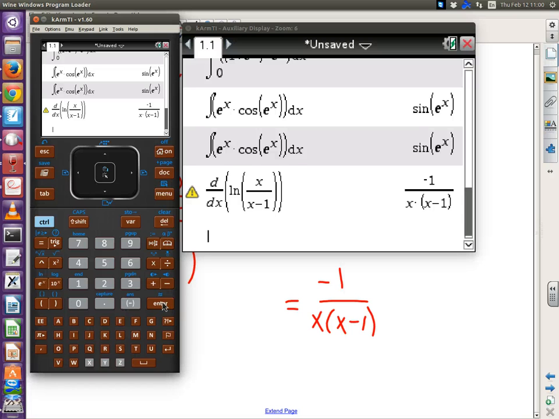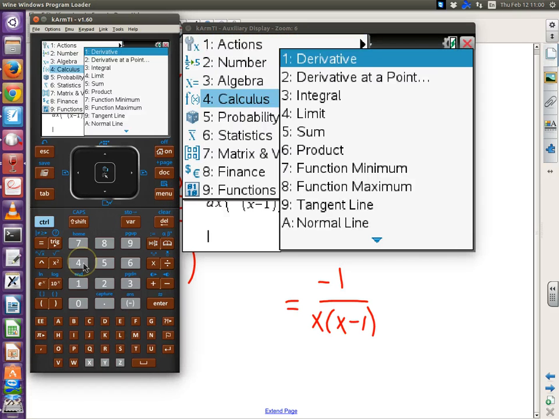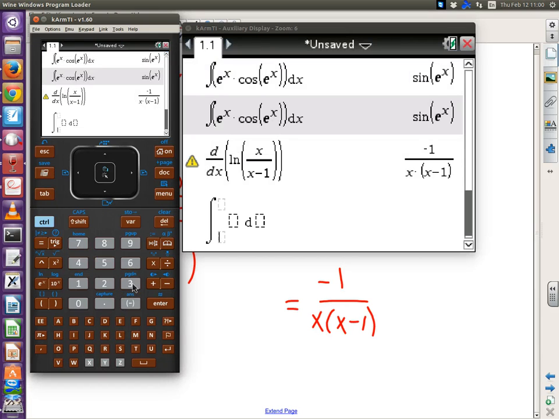How about if I integrate that? Could I go menu, calculus, integral, without limits of integration, of that? Can I copy that into it? No, I can't, can I? How would I do that? I guess I have to type it out? There's no way to cut and paste it directly?